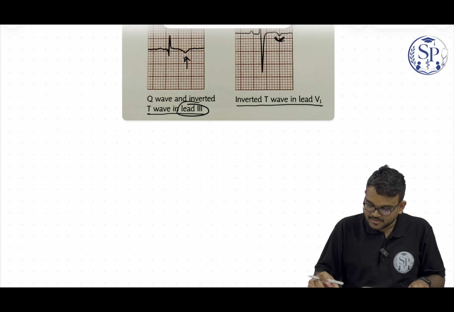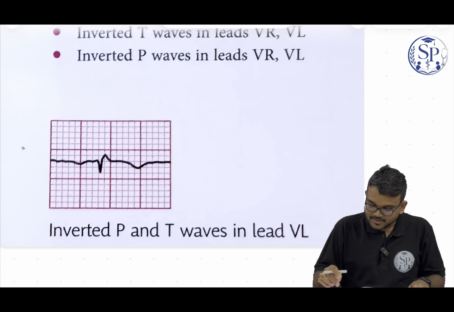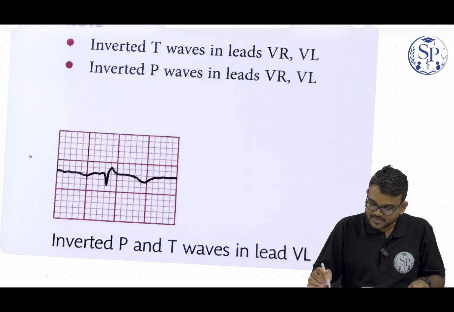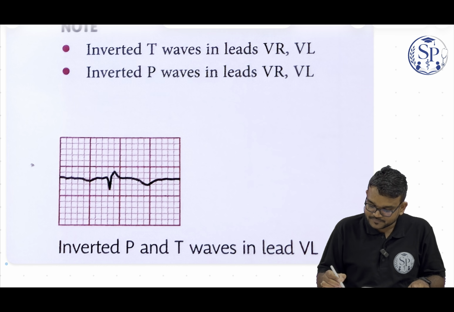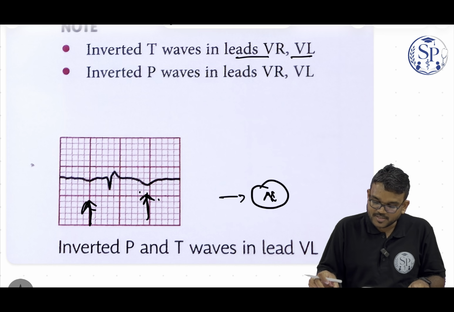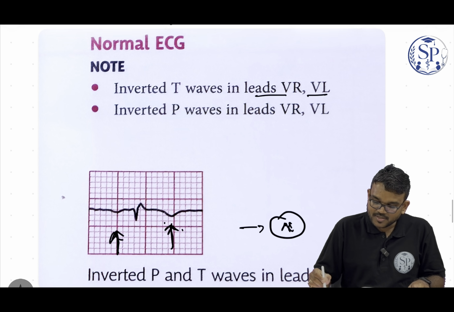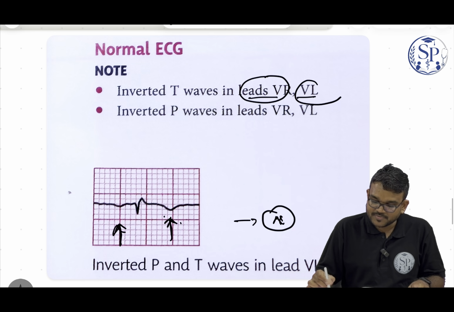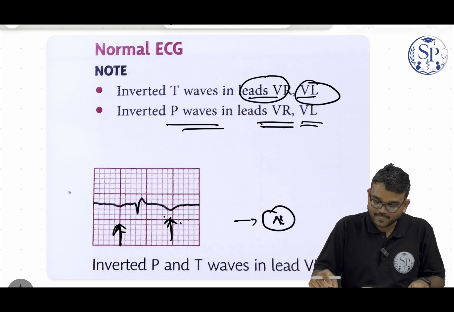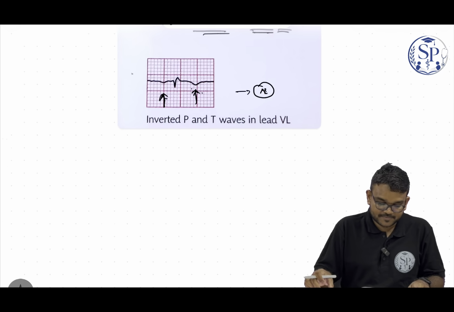Here you can see the inverted T waves in lead AVR and AVL. Okay. So, subsequently we have to look at the P wave. If the P wave is inverted, then it is a normal ECG. So, inverted T waves in lead AVR and AVL, with inverted P waves in the same leads AVR and AVL, signify a normal ECG, which I have already explained.